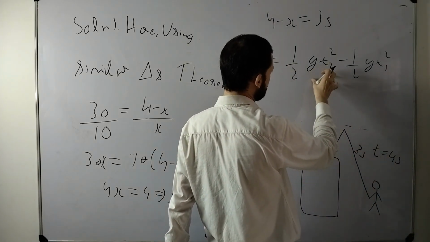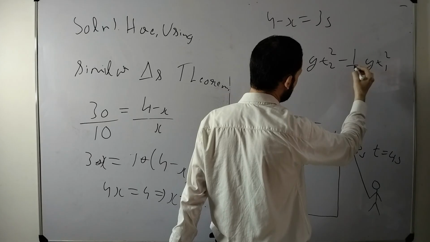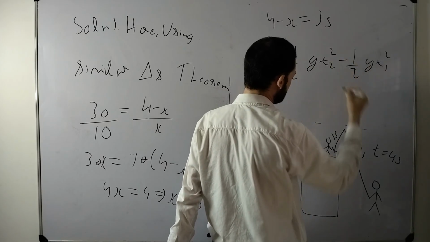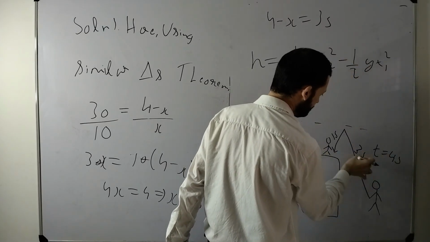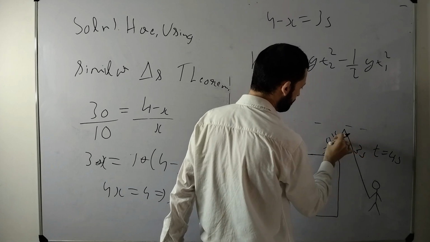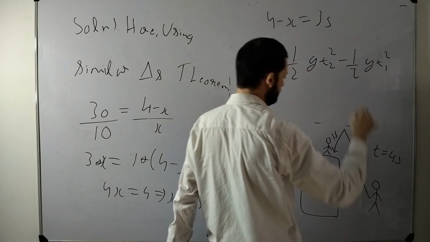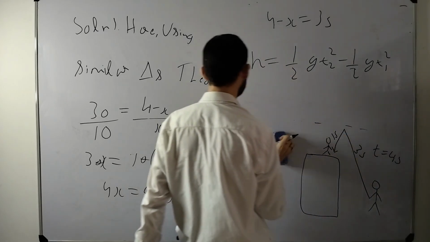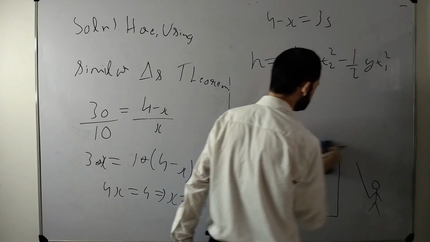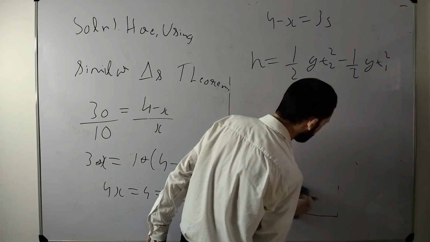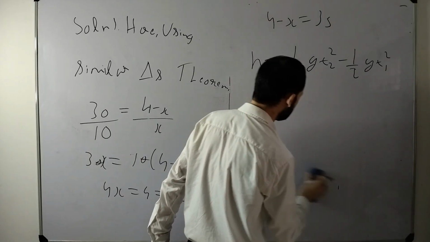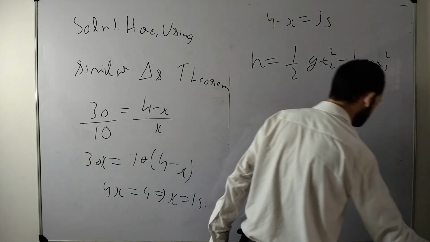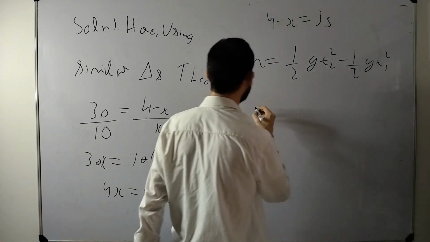You can actually do area also, and this formula also. So I have taken this formula into account. This is T2, 3 seconds, and this is 1 second. So T1 is 1 second. So this is the displacement it is having, the height of the building. So this is the height of building we get.